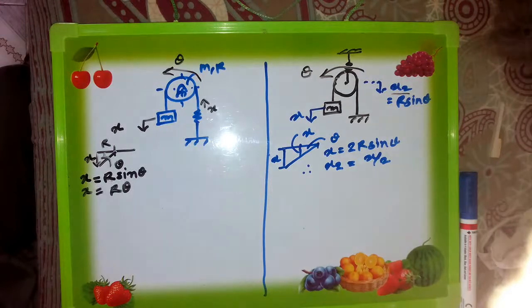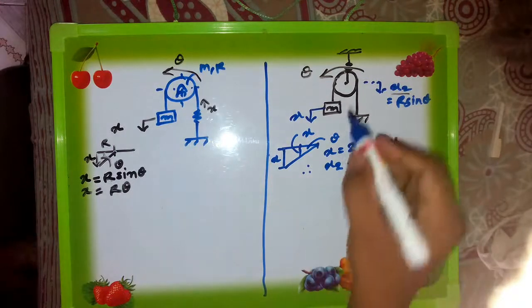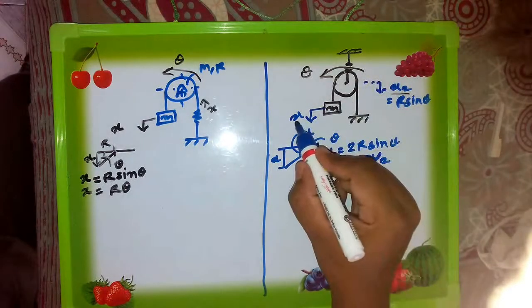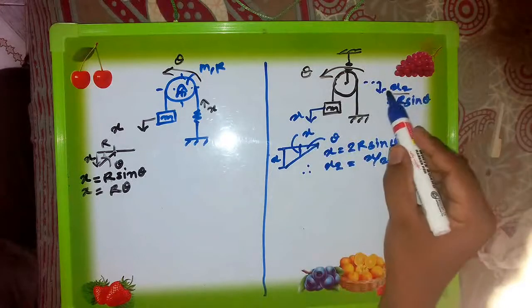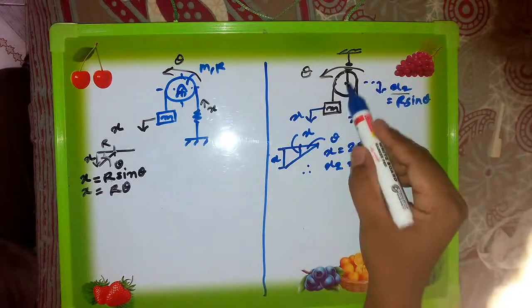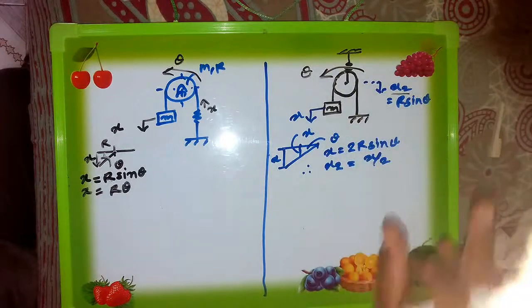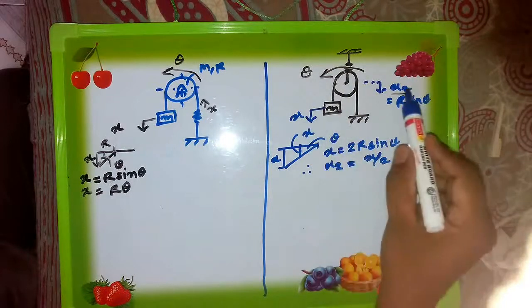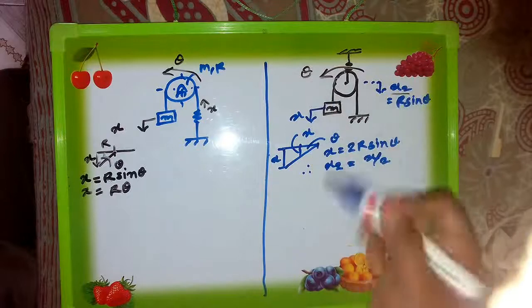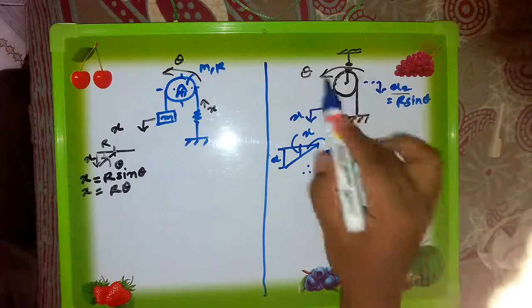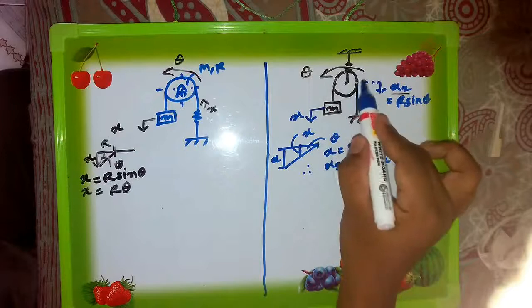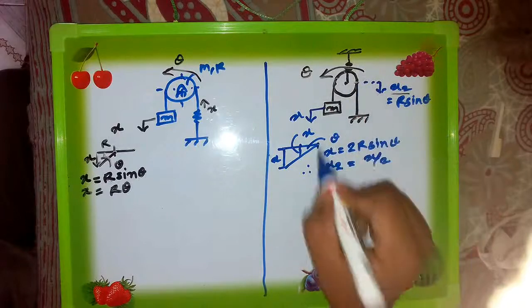In this system, displacement x is the displacement of the mass, x2 is the displacement of the pulley in the vertical direction, and theta is the angular displacement. It means there are three different terms, x, x2 and theta. Let me see whether we can find the relation or not. In such kinds of problems, find this point as stationary.